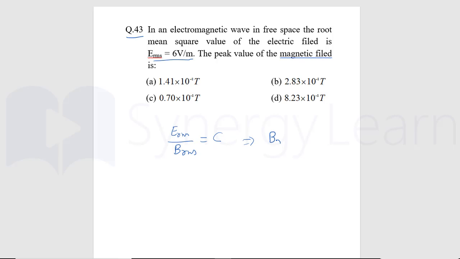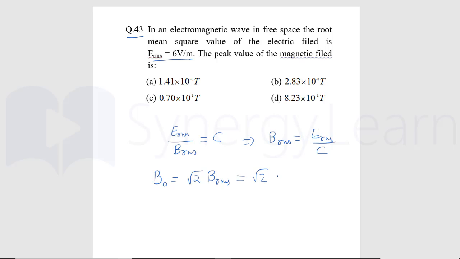So, B RMS will be E RMS upon C. And now, the peak value of magnetic field B naught will be root 2 times B RMS. That is the relation between RMS and peak value.